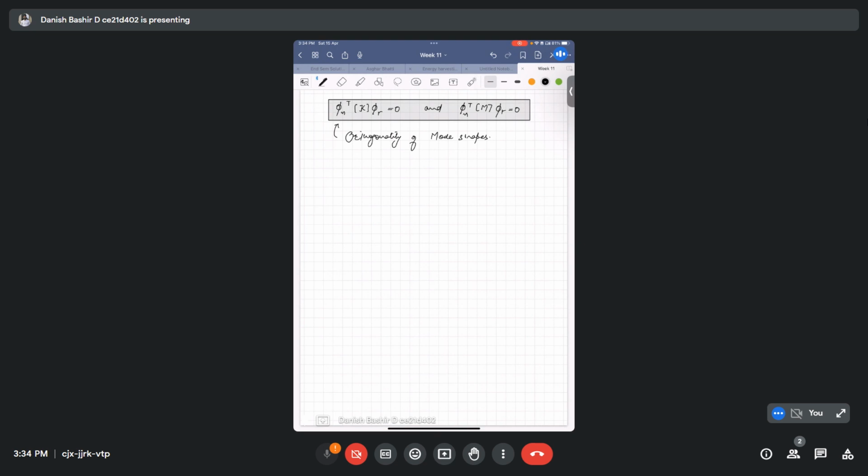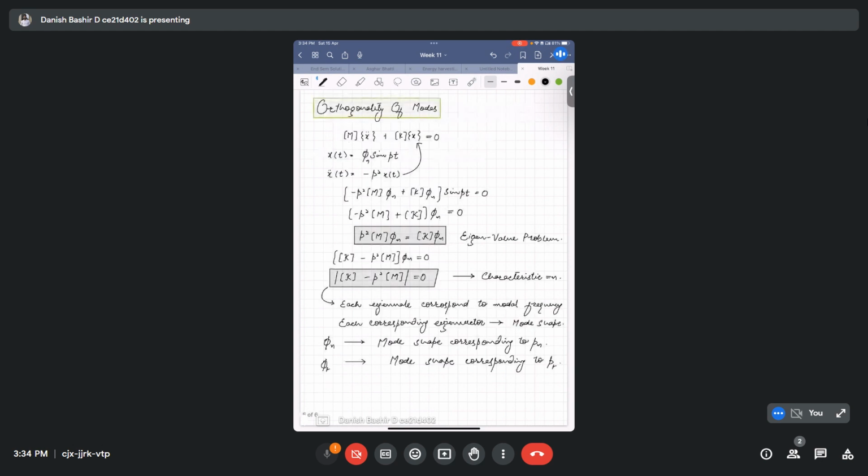One more thing, mode shapes satisfy the property. I already wrote it here.